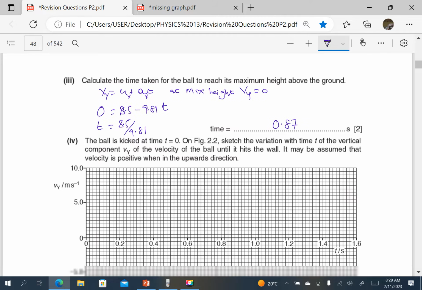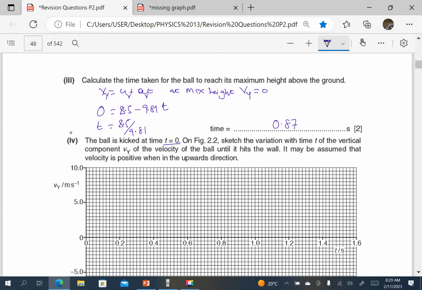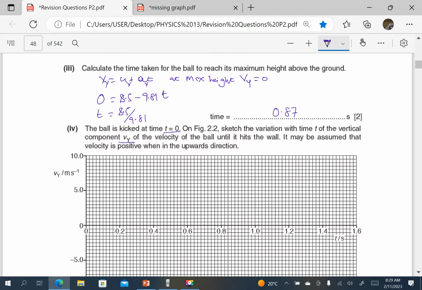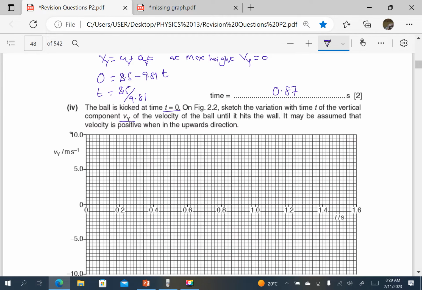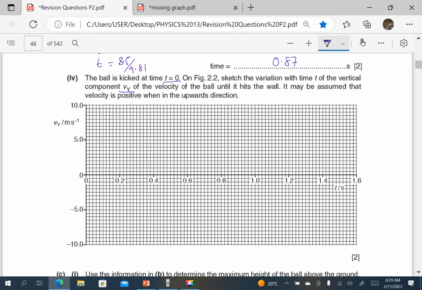The ball is kicked at time t equals 0. On the figure, sketch the variation with t of the vertical component Vy of the velocity of the ball until it hits the wall. It may be assumed that the velocity is positive when in the upward direction. Since the velocity upwards is positive, our graph will start from the top part.